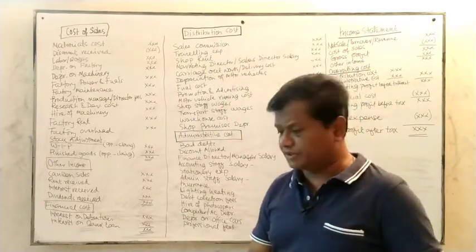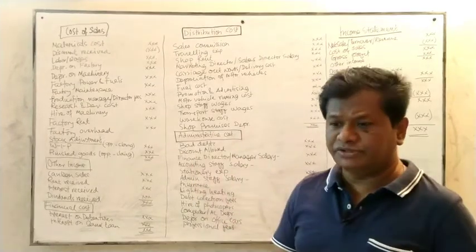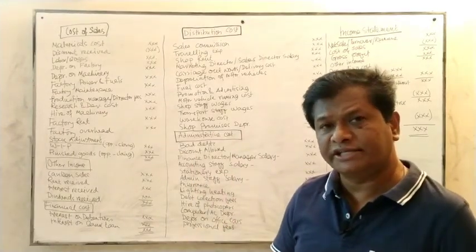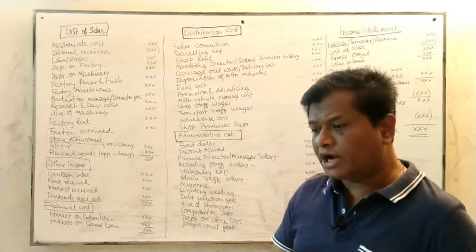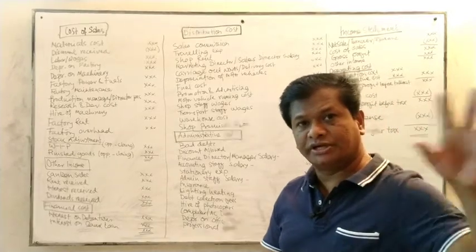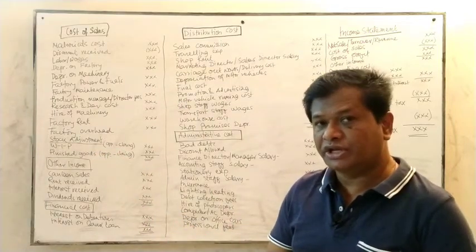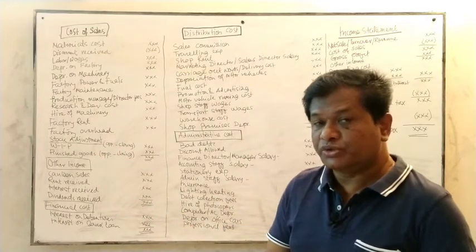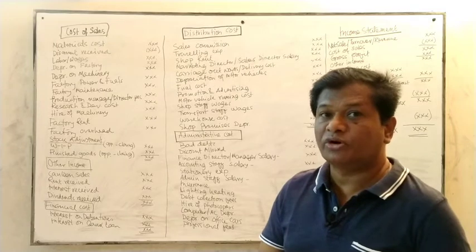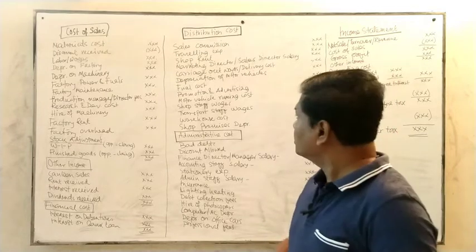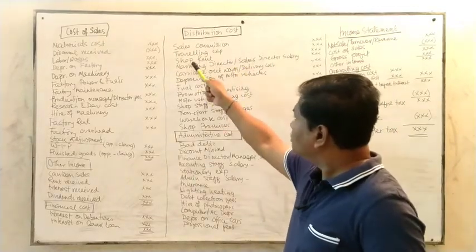Then the traveling expense. To expand the business, the salespersons or executives of the organization frequently visit inside the country and outside the country, in order to expand and increase the sales. So that's why traveling expense is one of the distribution costs. That is written over here.